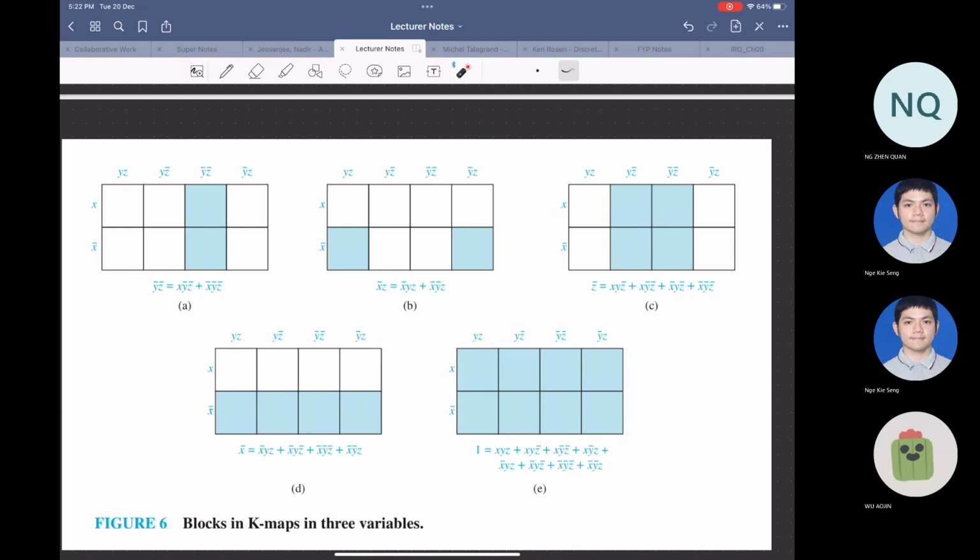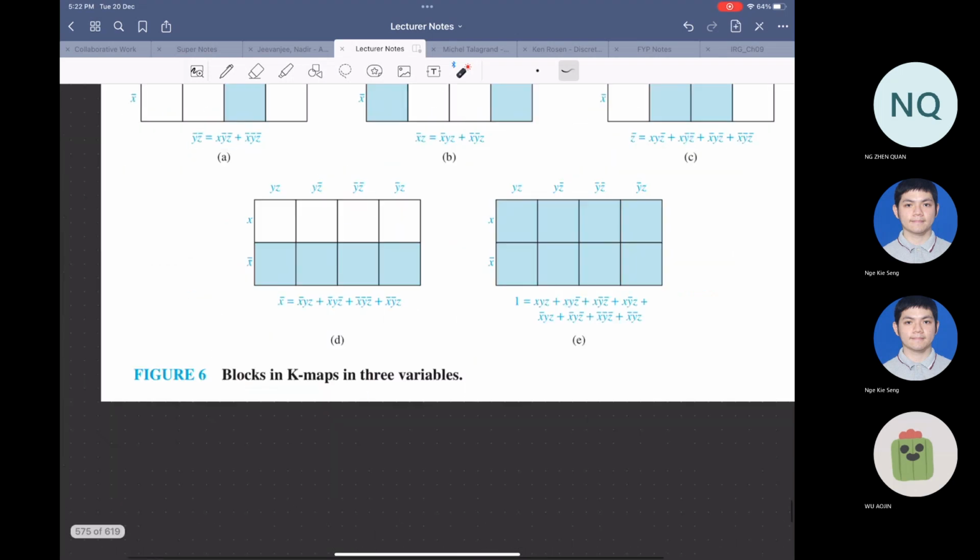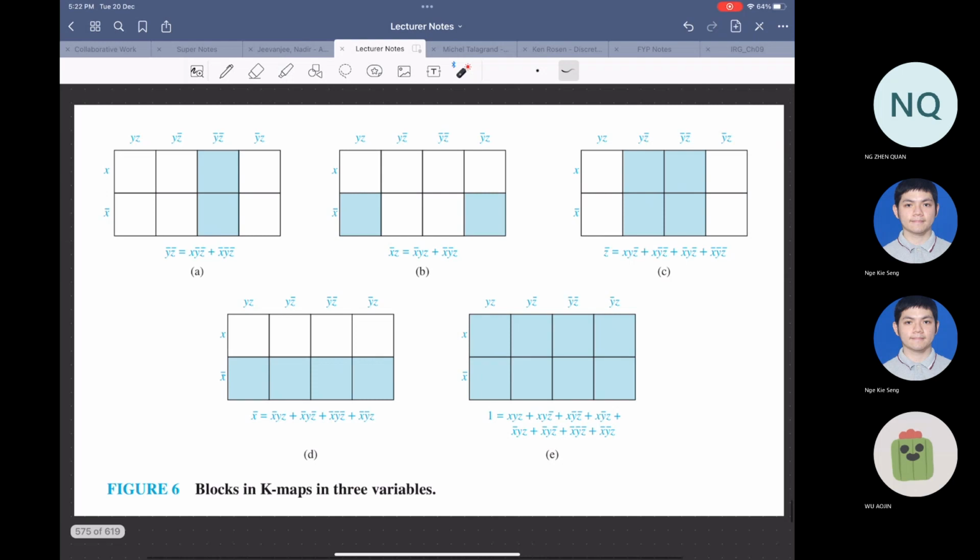Makes sense. So you can imagine you could have 4, 16, 2 to the power 4, 2 to the power 5, 2 to the power 6. Okay, you can draw your own cells.